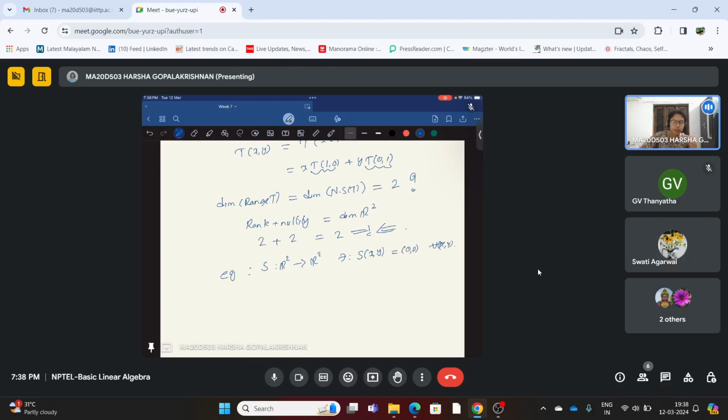This is a linear transformation. Now, what is the range of S? By definition, it is the set of all S of (x,y) such that (x,y) is in the domain space R2. So this is the set containing only (0,0). This range is a proper subspace of R2.